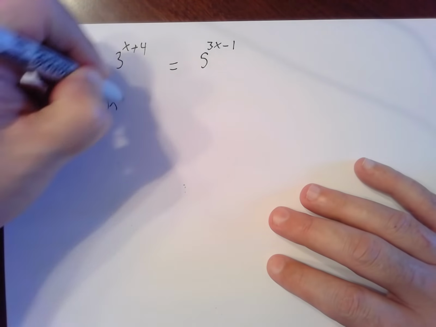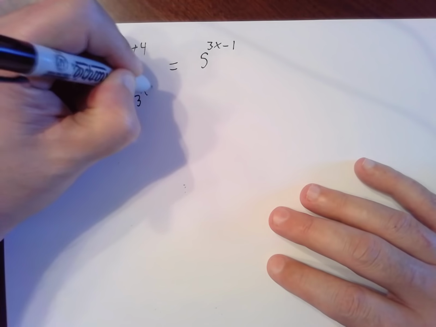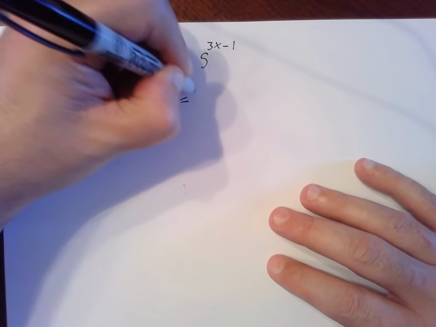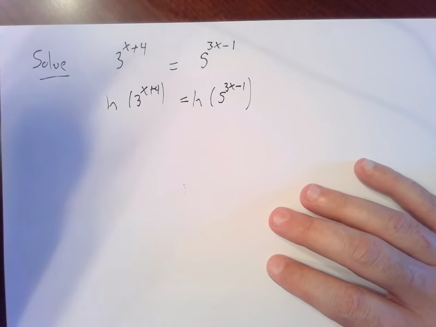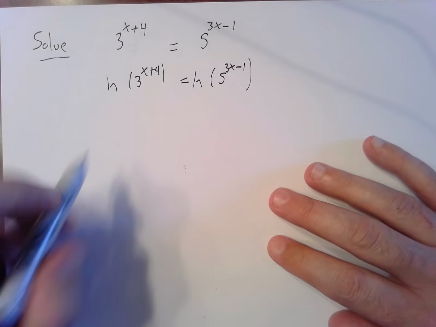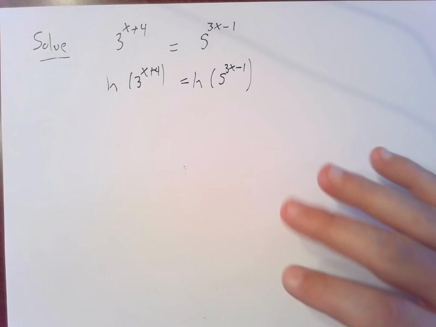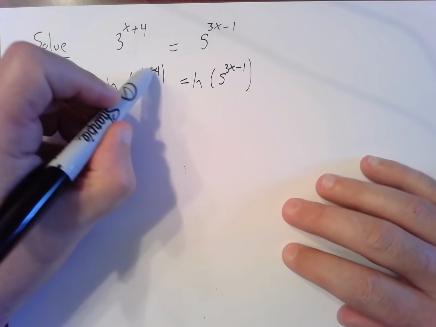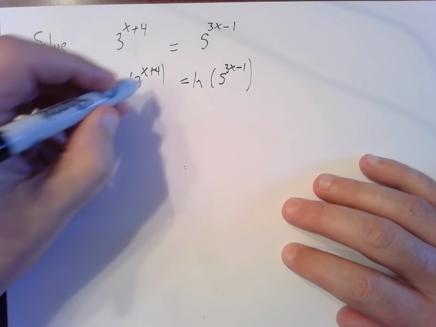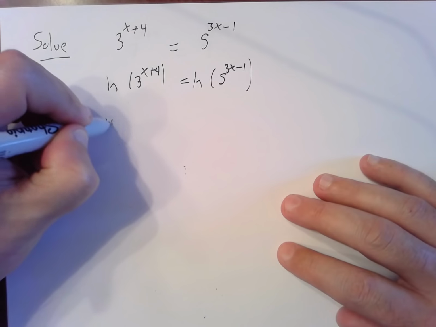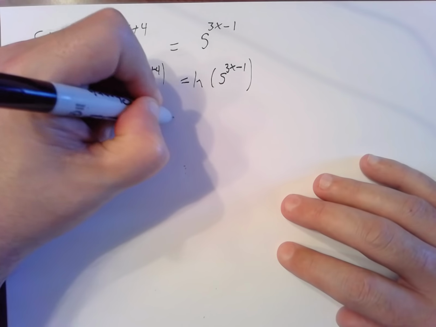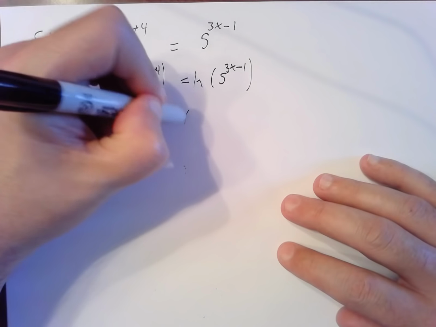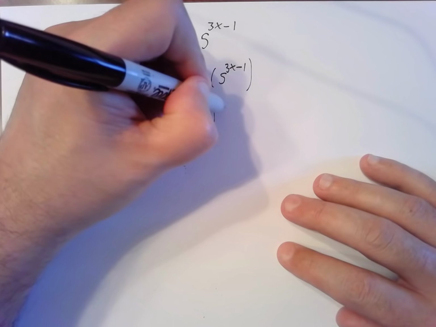So I will take natural log of both sides. The whole point of taking logs, anytime you take a log, the purpose is to get all the exponents down to ground level. So all these exponents will come down. 3x minus 1 comes down to ground level.